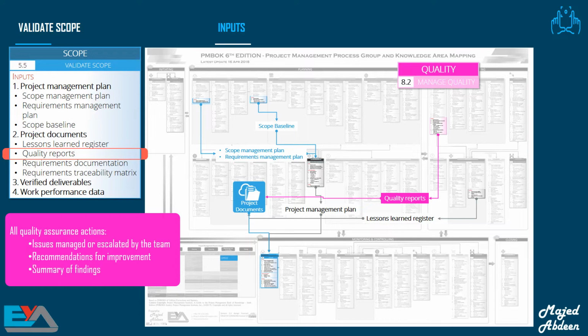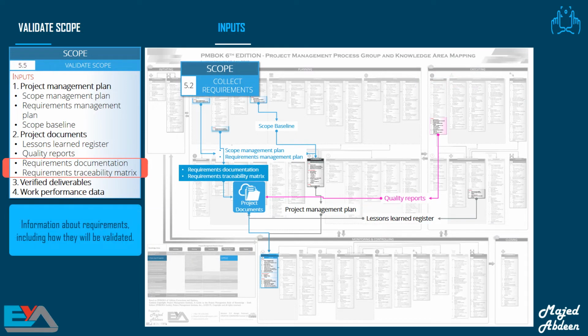The information presented in the quality report may include all the quality assurance actions, like any issues which are managed or escalated by the team, any recommendation for improvement, and also the summary of findings from control quality process. This information is reviewed before the product acceptance. We need the requirements documentation.